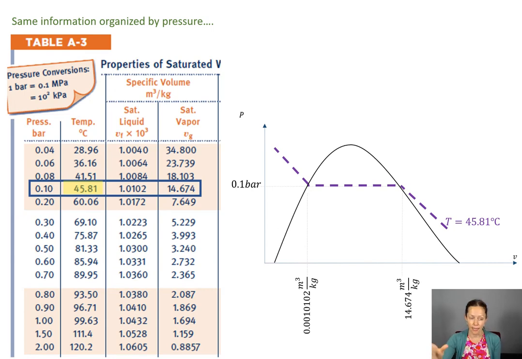So if I'm in that two-phase region and I'm at 0.1 bar, my water has to have a temperature of 45.81 degrees Celsius. If it's not at 45.81 degrees Celsius, then I'm not in the two-phase region. Maybe I'm compressed, maybe I'm superheated, and we'll look in one of the segments that are coming up on how to determine which one of those is the case. All right, thank you very much.